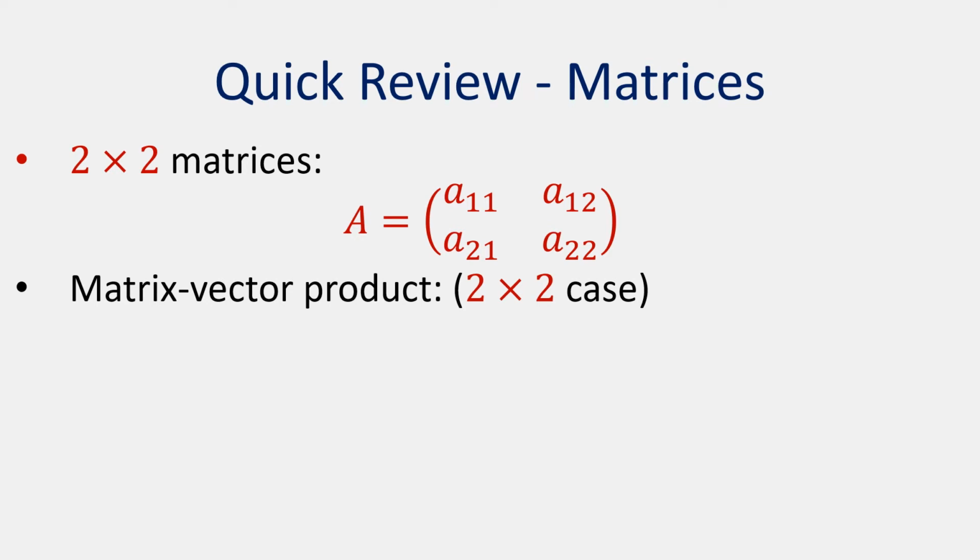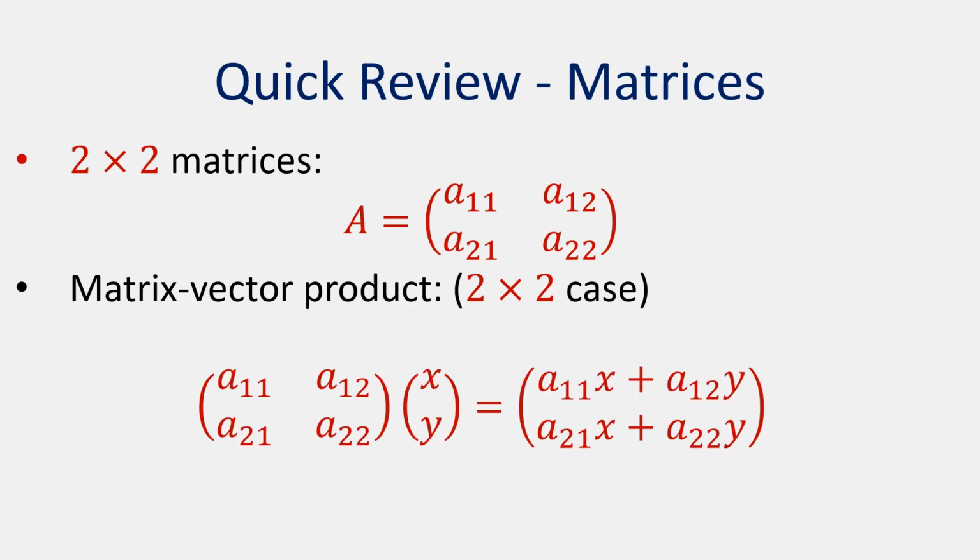If we are multiplying a 2 by 2 matrix by a vector, then we can describe that by this process here. We take the 2 by 2 matrix and the vector, and we produce the outcome of multiplying those two. We take the component x, and we multiply that by the entry in the first row and first column.